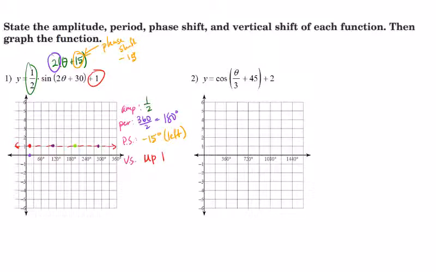So then the amplitude is 1/2. So from the baseline, I know that it's going to go up 1/2. Okay. And then it'll go down 1/2. So it's going to be something like this.